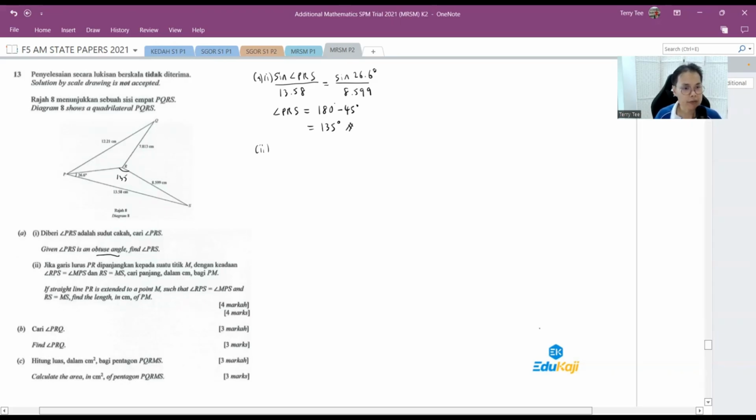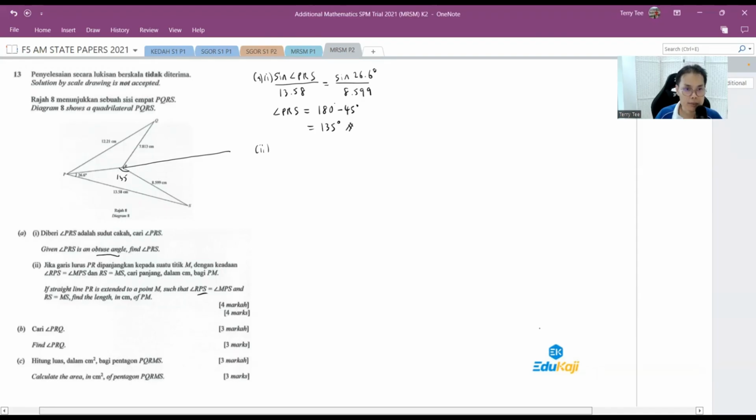Then they say if straight line PR is extended to point M. I don't know where it is, so I just extend it all the way like this. It's supposed to be a straight line. Still very ugly. Now such that angle RPS is the same as MPS.